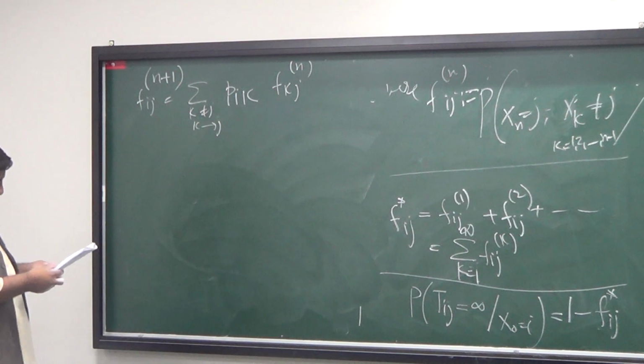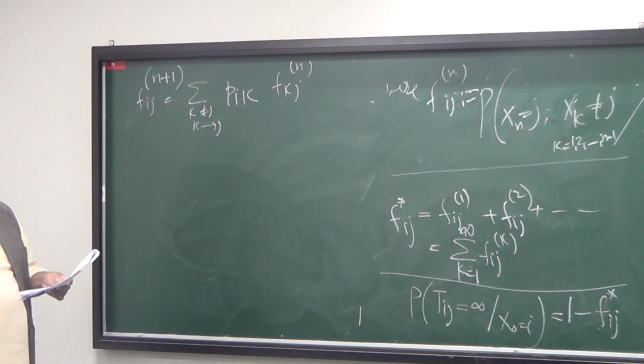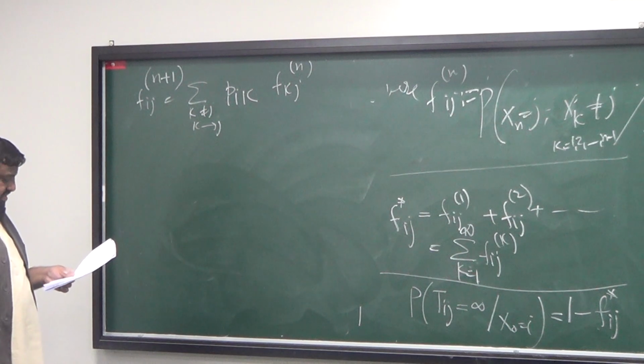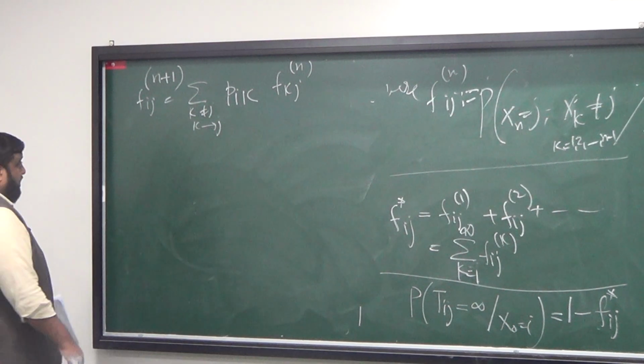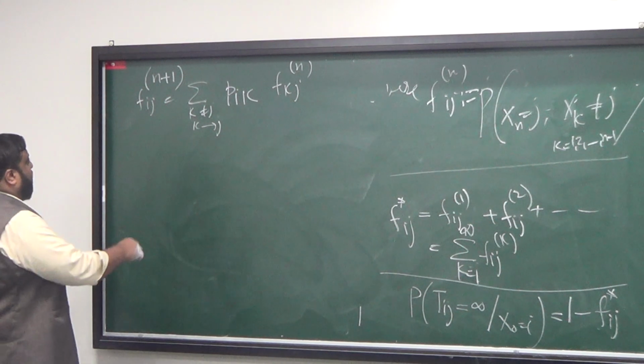Okay? Next thing. Let's take the sum on both sides. Okay? So if I sum over both sides over n. Why?